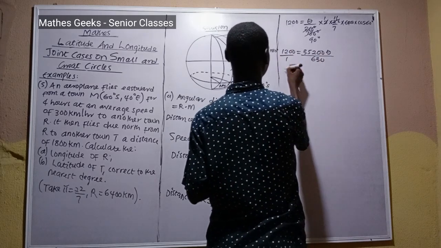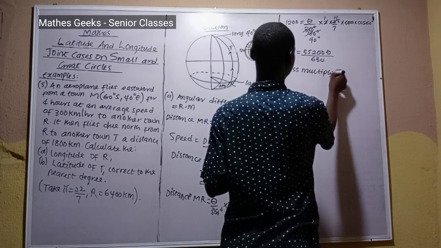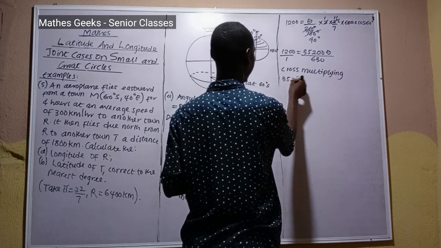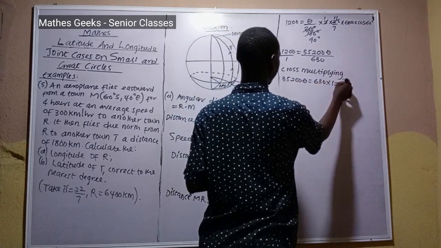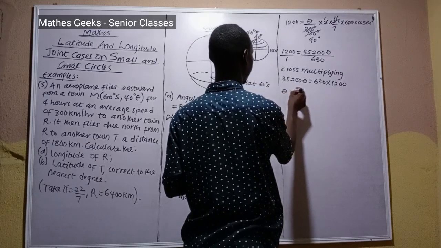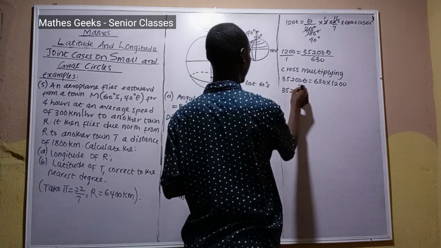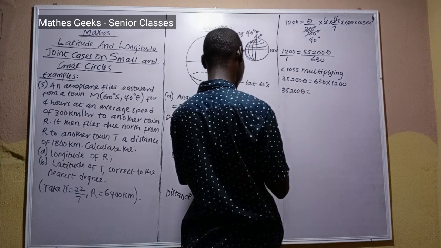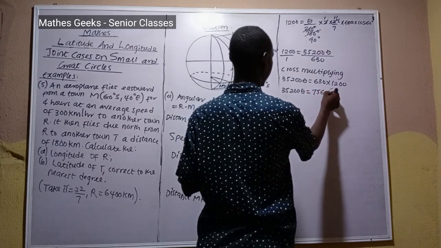So cross multiplying, we have 35,200 theta is equal to 630 times 1,200, which is 756,000.